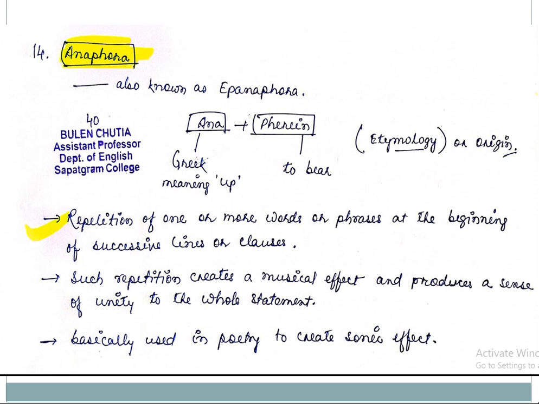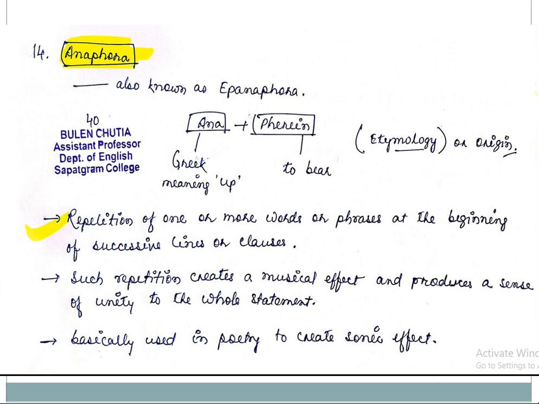Now, understand that anaphora is the repetition of one or more words or phrases at the beginning of successive lines or clauses, particularly in poetry.